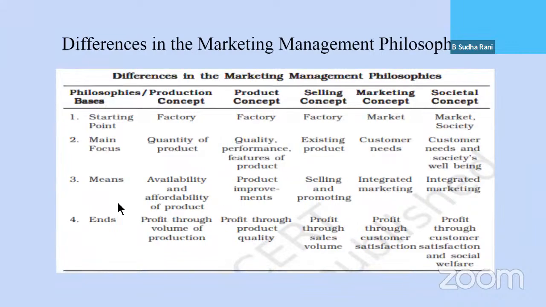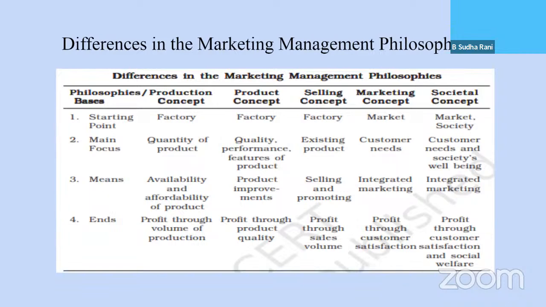The production concept means making sure that larger quantities of products are available and affordable to the consumer. The product concept means making improvements in the quality of the product or the dimensions of the product. The selling concept means giving more and more advertisement and spending more on advertising and promotional techniques: more promotion, more advertisement, more sales.